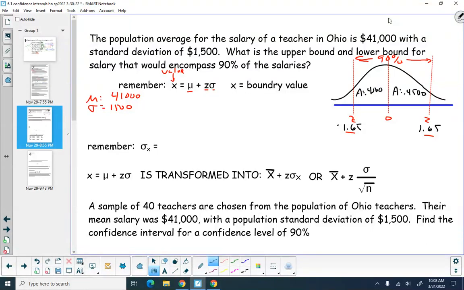Our standard deviation is 1,500, our mean is 41,000, and our z-scores are 1.65 and negative 1.65. What would be the two boundary values that would encompass 90% of those values?